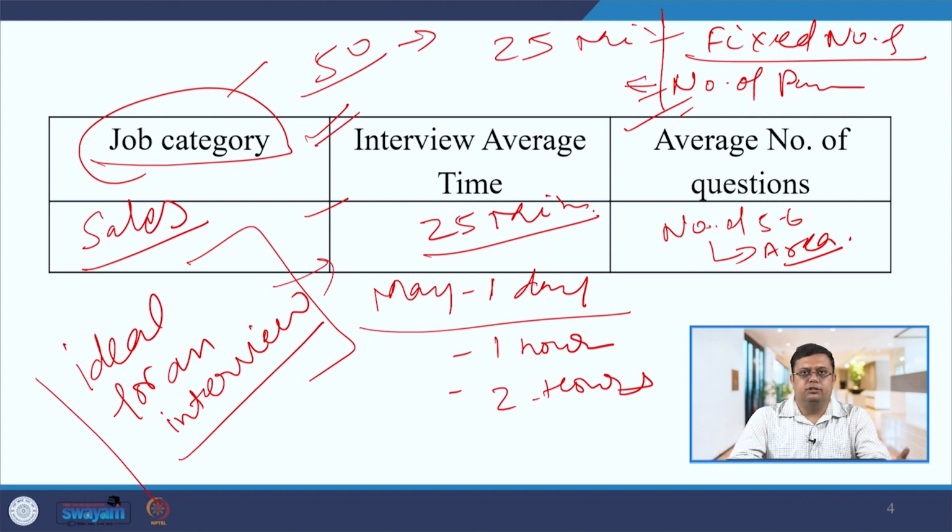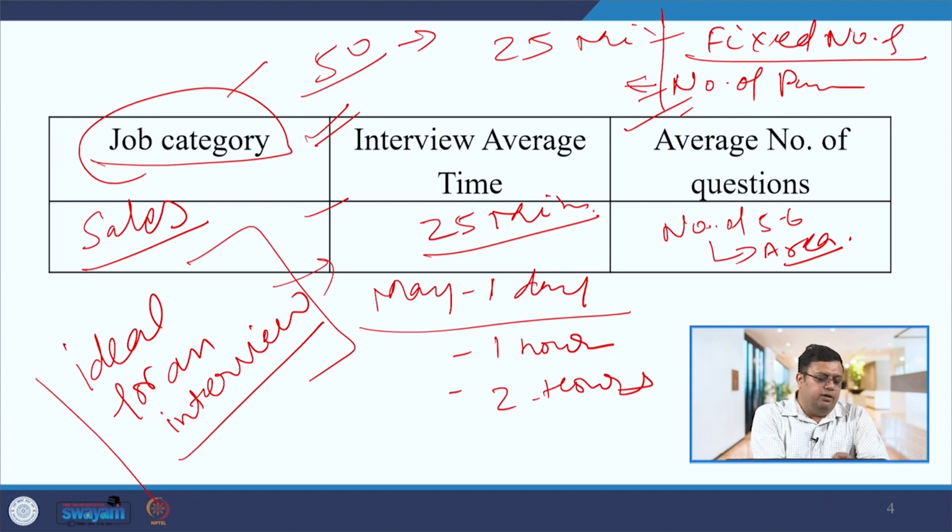If you are able to do that, then you can manage your time effectively at the workplace during the interview process, right. So that is what you can do by doing this.